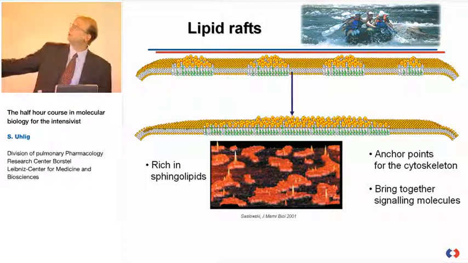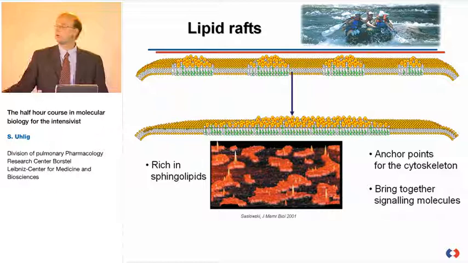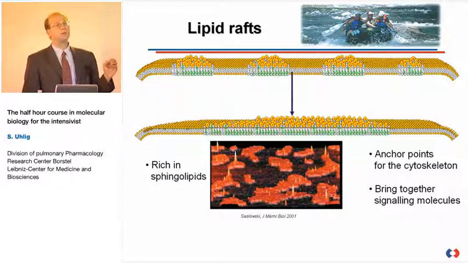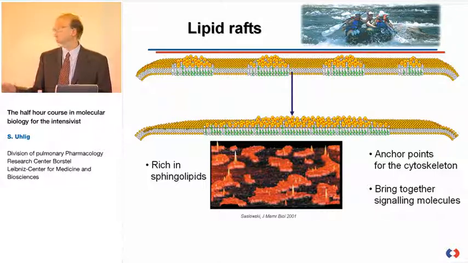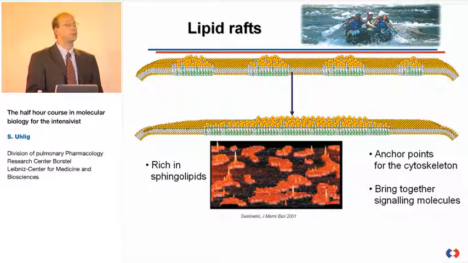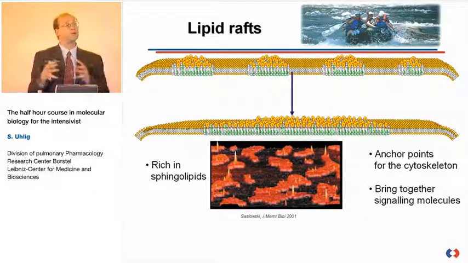And the idea is that to start with, we may always have some rafts, and these rafts are characterized, of course, by their content of sphingolipids. And since sphingolipids have a higher melting point, they are stiffer. So these are areas in the membrane which are more rigid, and therefore it makes sense that these are preferable areas where the cytoskeleton connects. Another concept that has emerged from that is that those lipid rafts can bring together signaling molecules.